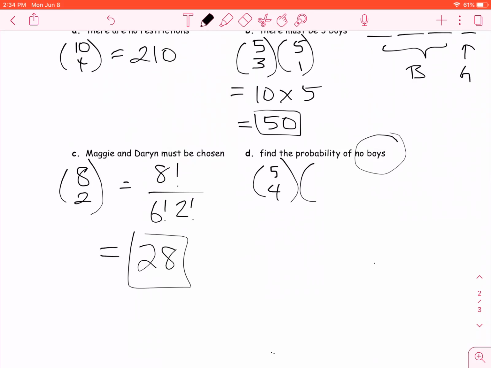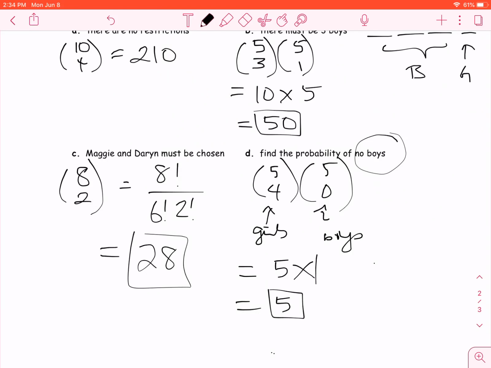But because it's no boys, it would be 5 choose 0. This represents our girls: out of the 5 girls, we have to choose 4. And this represents the boys: out of the 5 boys, we would choose none. So that would be 5 times 1, which is equal to 5.